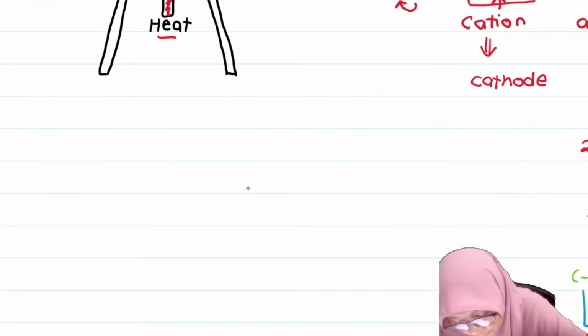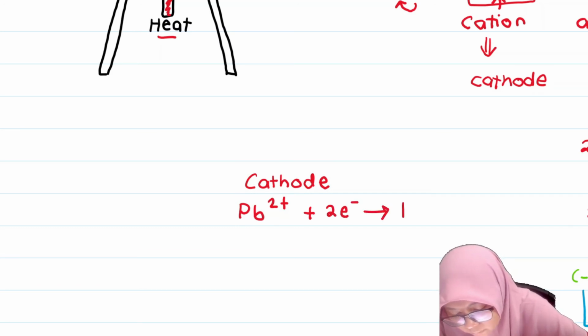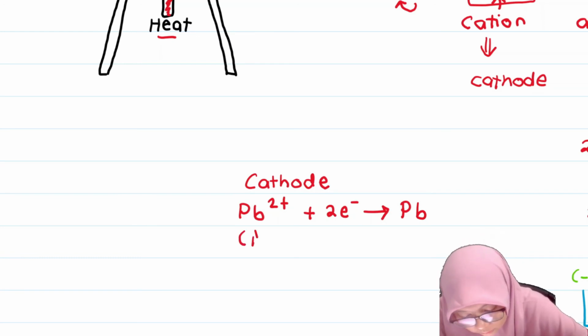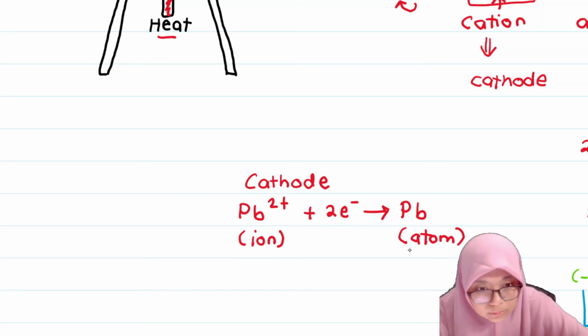So what happens at the cathode is the cation, the Pb2+, will accept the electron and form lead atom. Okay, so this is ion, this is atom. Why does it form atom? Because it accepts the electron that was released before and forms its atom again.